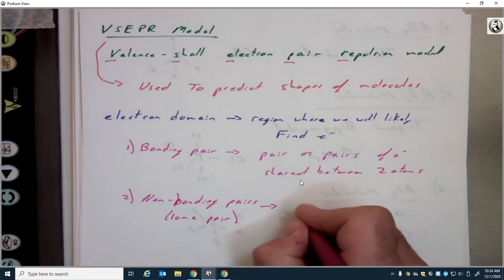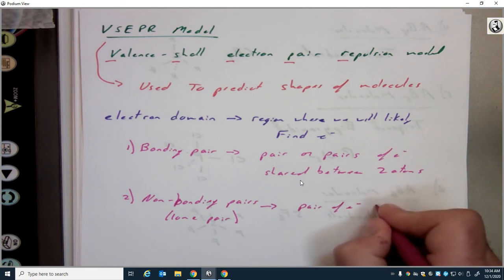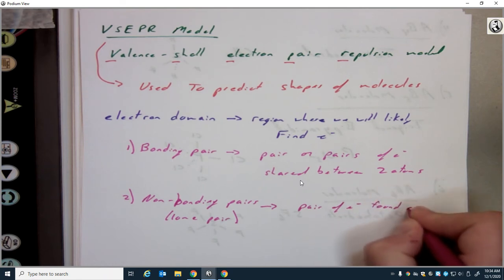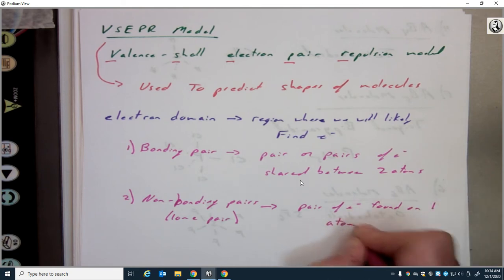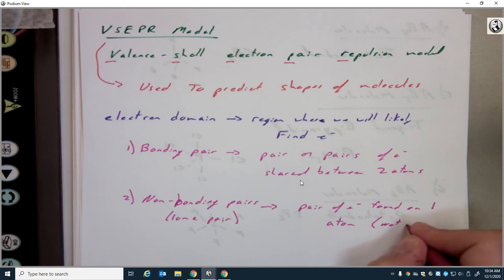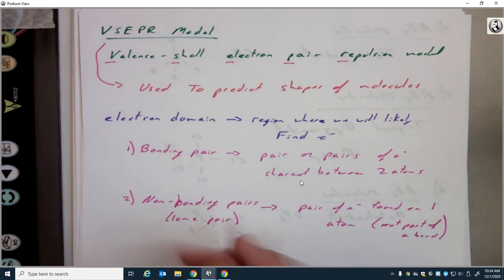And these are a pair of electrons found on one atom. In other words, they're not part of any bond. We have bonding pairs and non-bonding pairs.